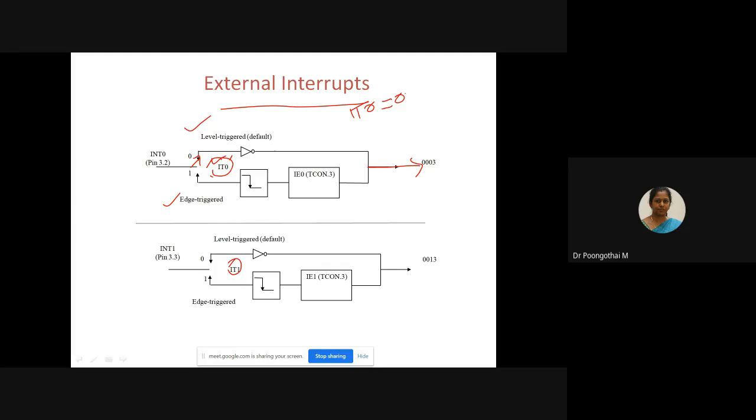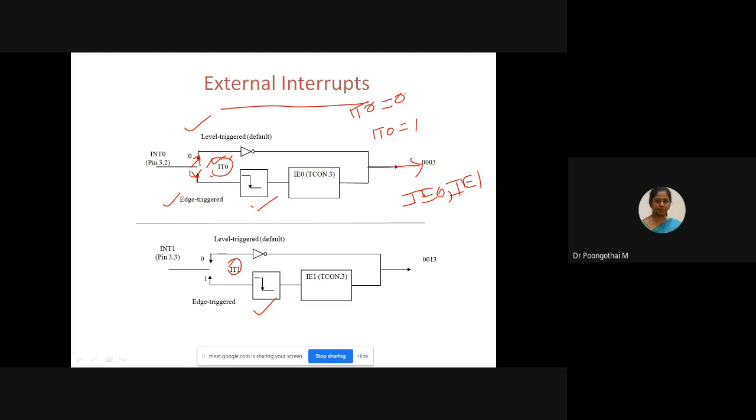Suppose IT0 is equal to 1, that means the signal is edge triggered. So these bits, IE1 and IE0, are used by 8051 to keep track of edge triggering interrupts only.